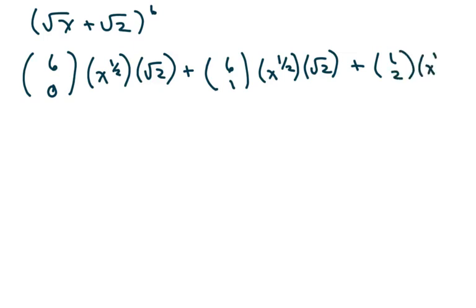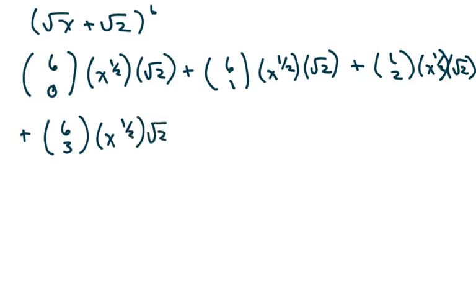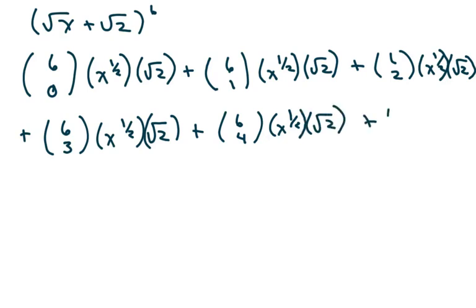x to the 1/2 square root of 2, plus 6, 3, x to the 1/2 square root of 2, plus 6, 4, x to the 1/2 square root of 2, plus 6, 5.